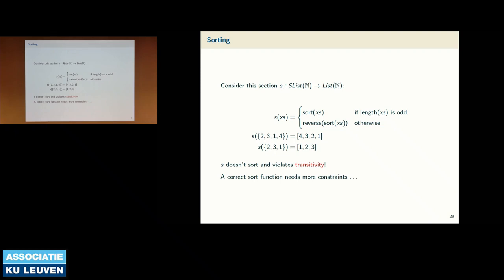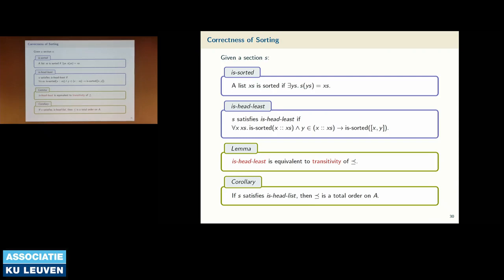So in order to fix this, what we need to do is to add a constraint to the section that we're considering. First, we define the notion of a sorted list. We say that a list is sorted if it is in the image of our section.